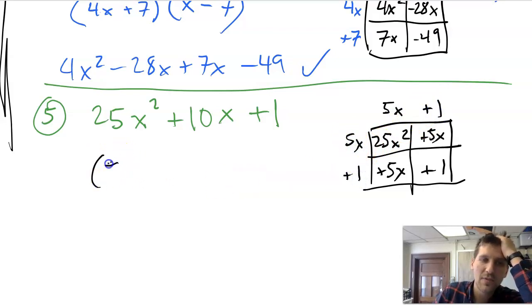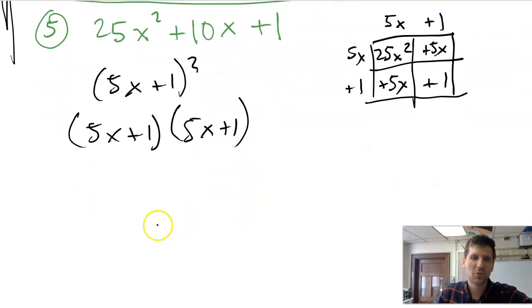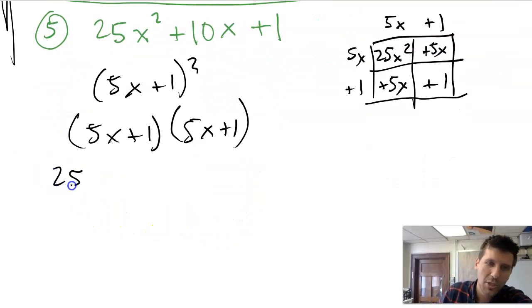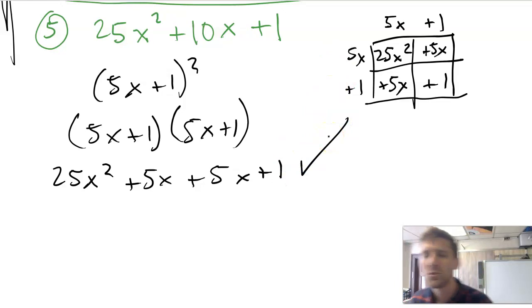So this actually factors down to 5x plus 1 squared. Let's check our answer to see if we can have confidence in this method. Wow, it even works for special cases. I sure hope so. 25x squared plus 5x plus 5x plus 1. Yes, that's the same as above if we were to combine those middle terms.